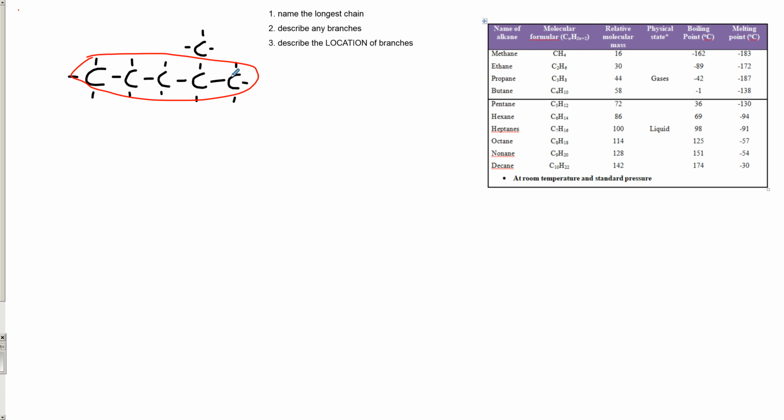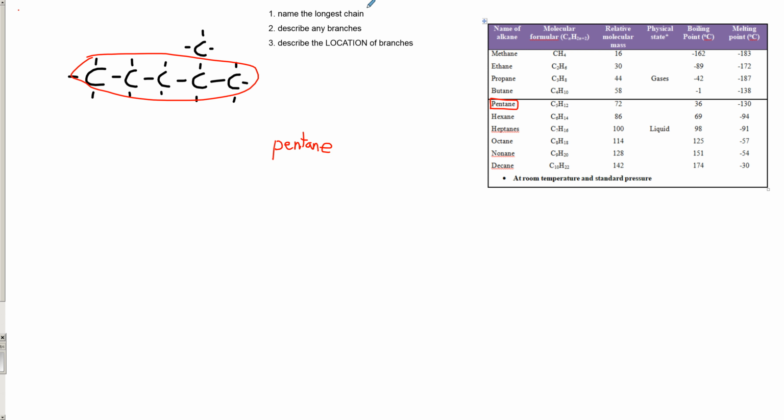A 5-carbon chain, without taking into account the branches, is pentane. So I circled it in red. I'm going to write the word pentane. So that takes care of the longest chain.